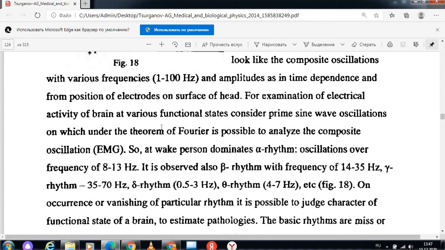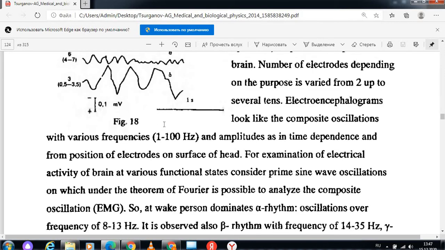And don't forget that when we have an oscillation, some prime sine wave oscillations, we can use a special type of mathematical theorem which gives us the possibility to analyze complicated composite oscillations. The Fourier theorem gives us a possibility to consider prime sine wave oscillations to analyze this composite oscillation of electromyography.